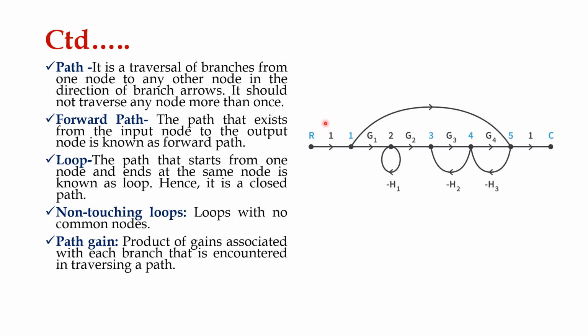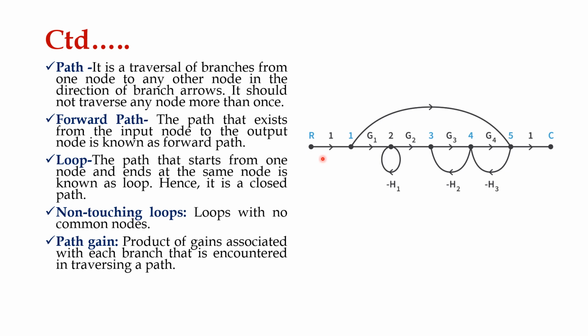Next, path. It is a traversal of branches from one node to another node in the direction of branch arrows. It should not traverse any node more than once. And next, forward path. The path that exists from input to output is known as forward path.